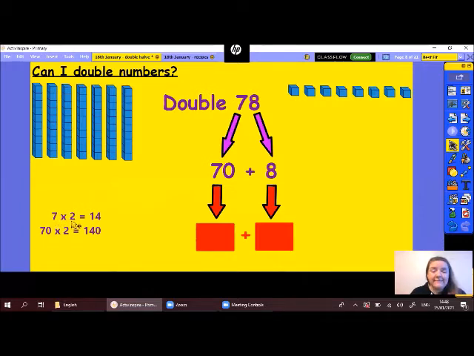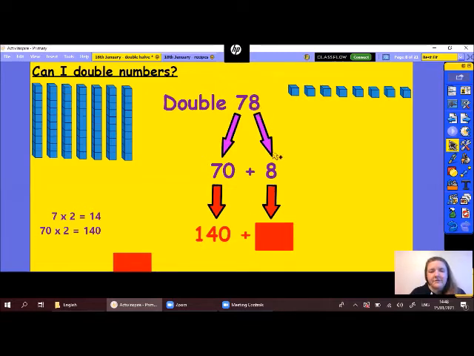But if we know 7 times 2 is 14, then we can easily work out 70 times 2 because it's 14 but multiplied by 10, so it's got that 0 in the ones place. Let's have a look. There we go, we've got 140 on this side.